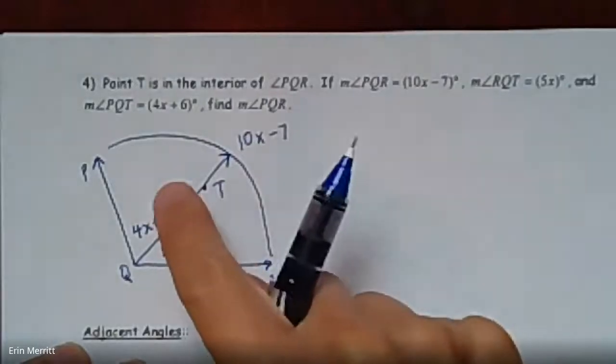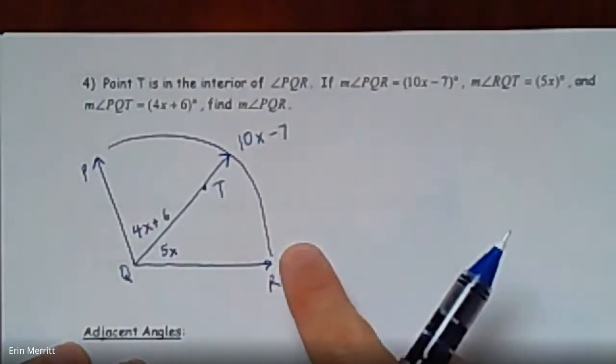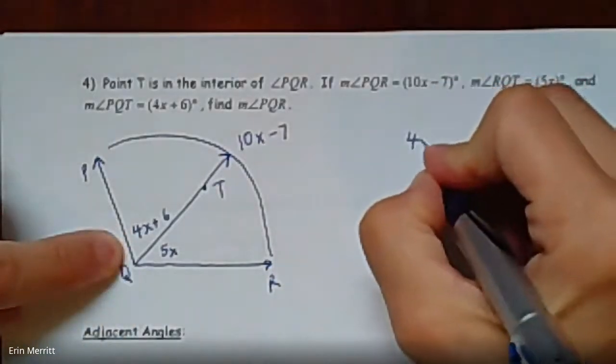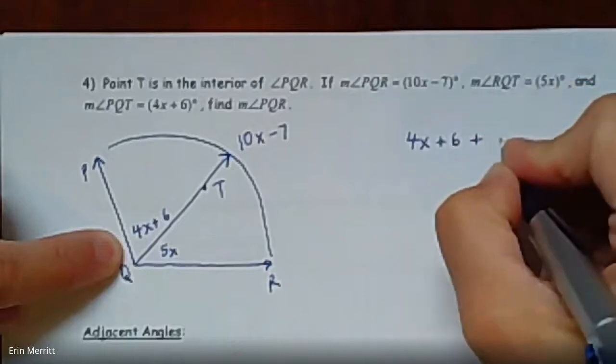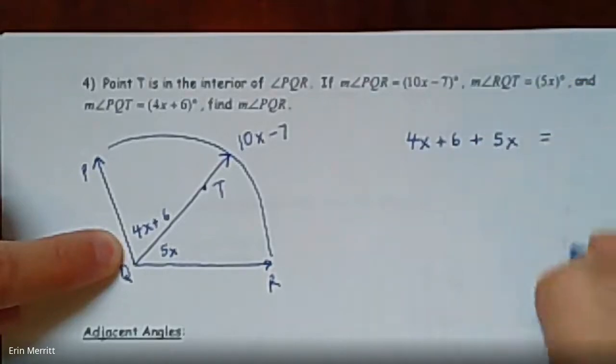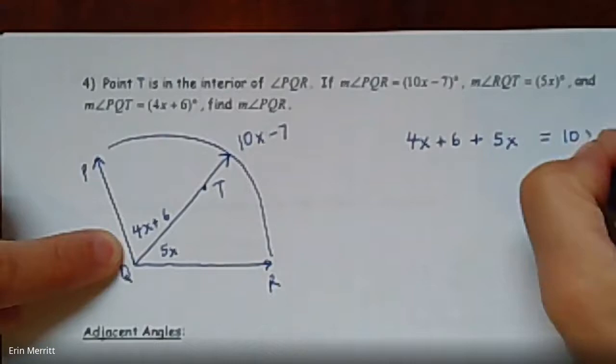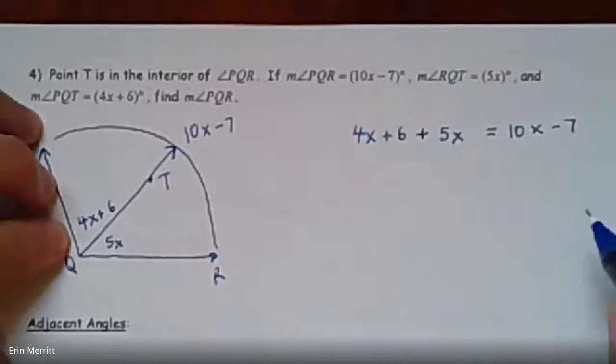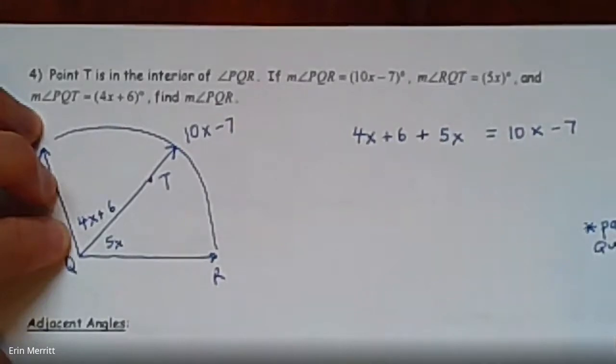We know the two smaller parts. We know the whole thing. This is perfectly set up for angle addition postulate. So add the two smaller angles, 4x plus 6 plus 5x, and then set it equal to 10x minus 7. All right, I want you to finish this one on your own, and don't be surprised if the post question references this guy. So make sure that you finish it.